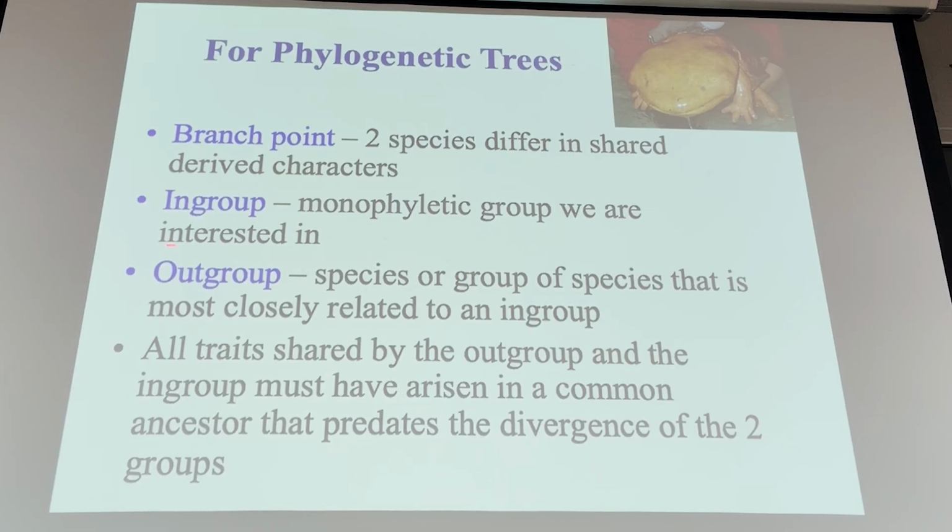If you don't have an outgroup, it makes it really hard to know what's ancestral and what's derived, right? And your tree won't be rooted. It'll be circular. So if you look up a true bacteria phylogeny, it looks like a sun that all radiates to the middle because they don't know what the features of the first bacterium or archaean or prokaryote was. And so we don't have a root.